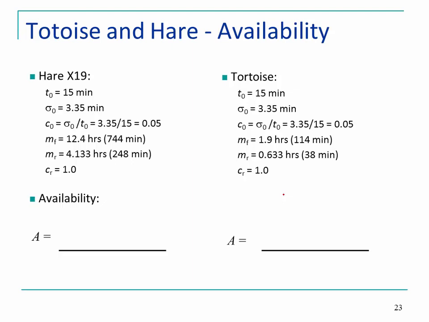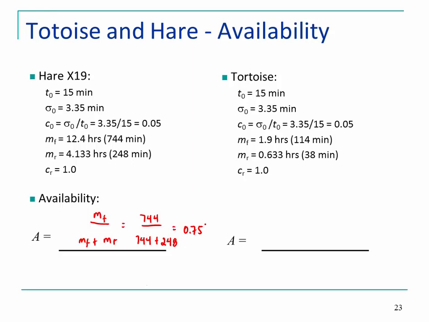And now using this information, we can compute the availability for both of our machines. Again, this is mean time to failure divided by mean time to failure plus mean time to repair. So for this case, it's 744 divided by 744 plus 248, and I'm doing this in minutes. So this is 0.75.